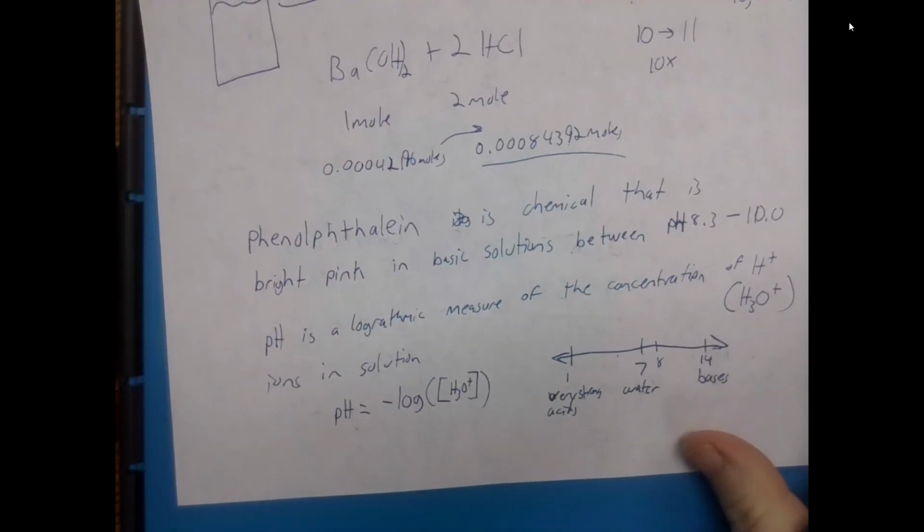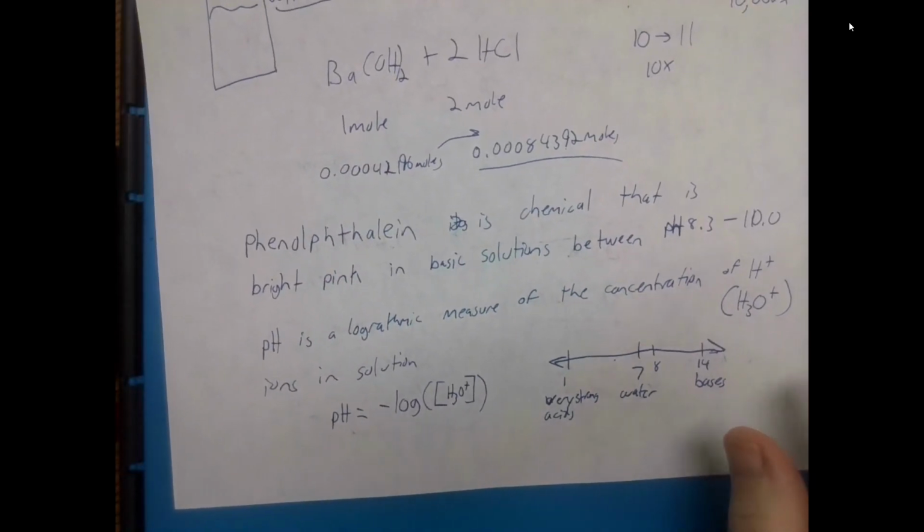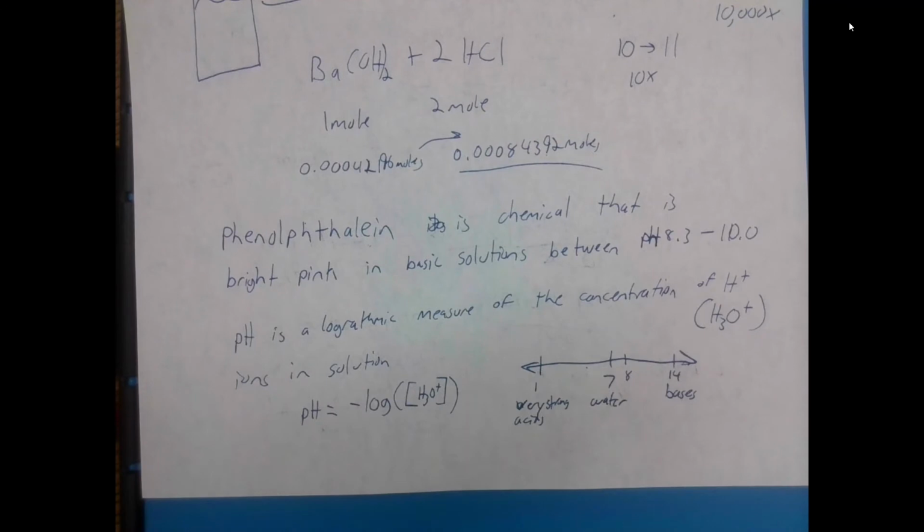The reason why I say this is a beloved and hated chemical: I remember in lab, you put the tiniest drop into it and swirl it around. What you're trying to do is get it to be ever so slightly pink. You put a drop in and mix your basic solution with acid, and it's super bright pink.